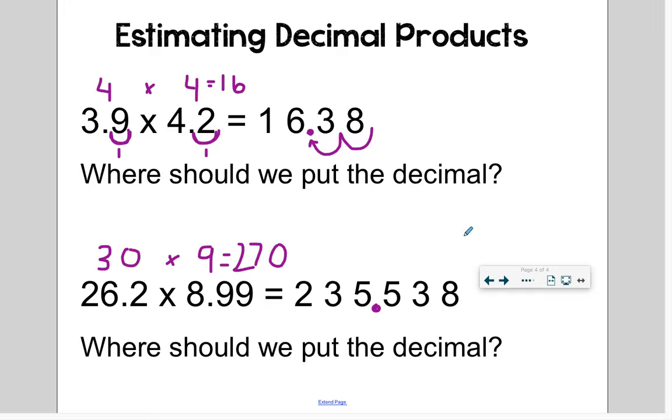If we wanted to think of the cow and move the decimal, there's one number to the right of the decimal point in 26 and 2/10. In 8 and 99 hundredths, there are 2 numbers to the right.